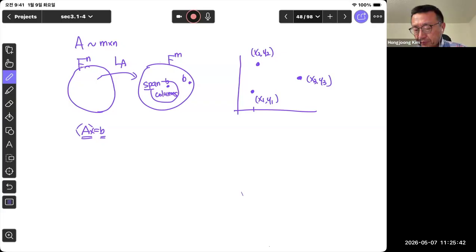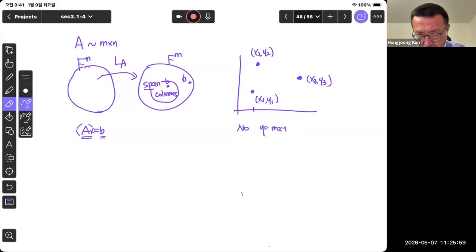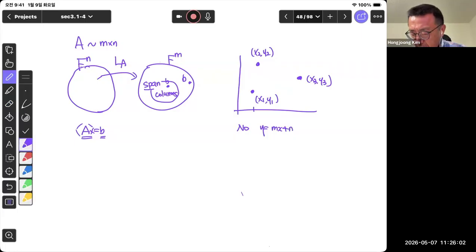As you can see in this data set, there is no line, mx plus n, which passes through the three points, right?